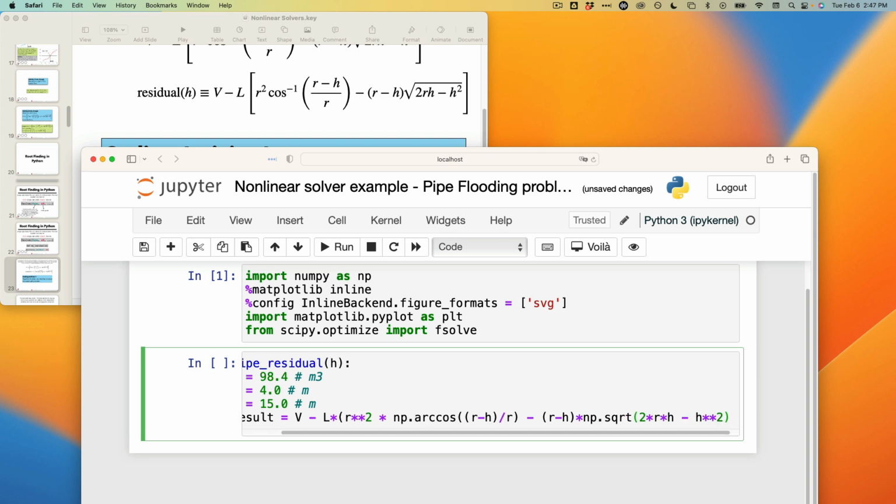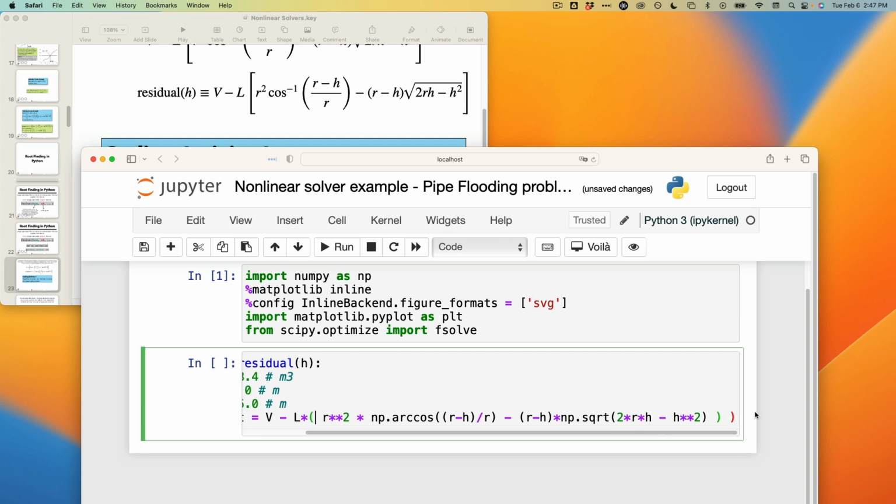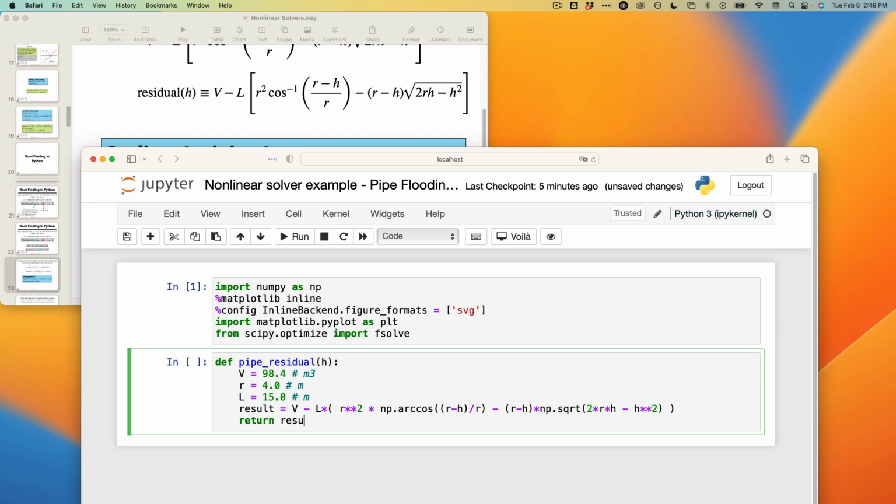Oops. And then one final parenthesis there. So they should be balanced. Okay, green, nope. This one is not balanced. Okay, yeah, there you go. And then return result.